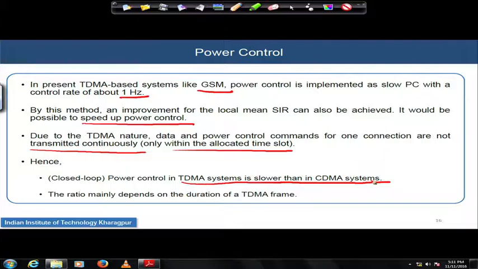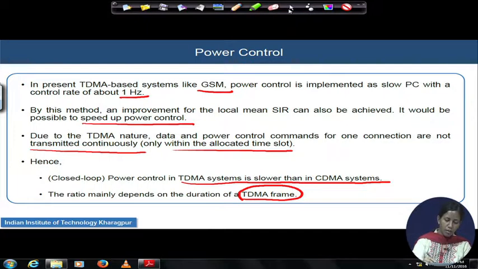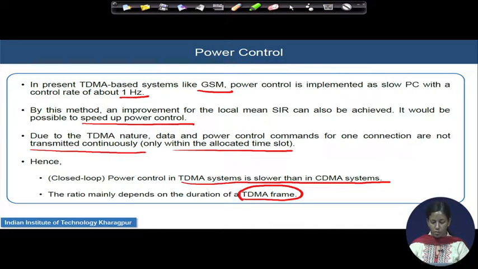And the ratio mainly depends on the duration of the TDMA frame structure. What you are trying to understand from the last two slides is basically the summarization of the effect of power control.